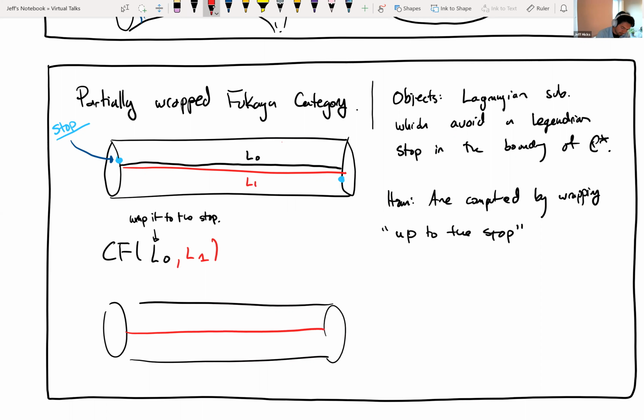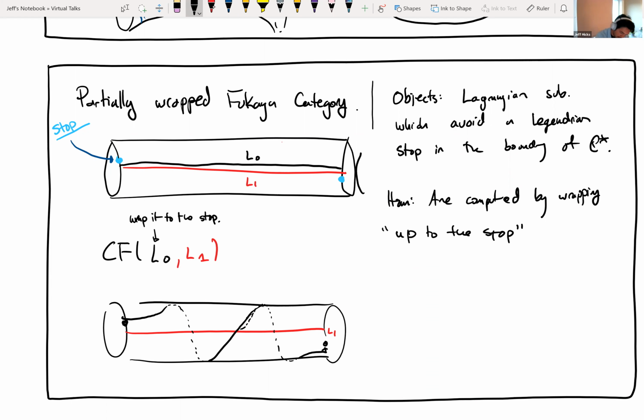So L1 stays roughly where it is, but L0 gets pushed around, so it gets wrapped to the stop on this side, and similarly gets pushed around on the other side, so that it wraps around once.